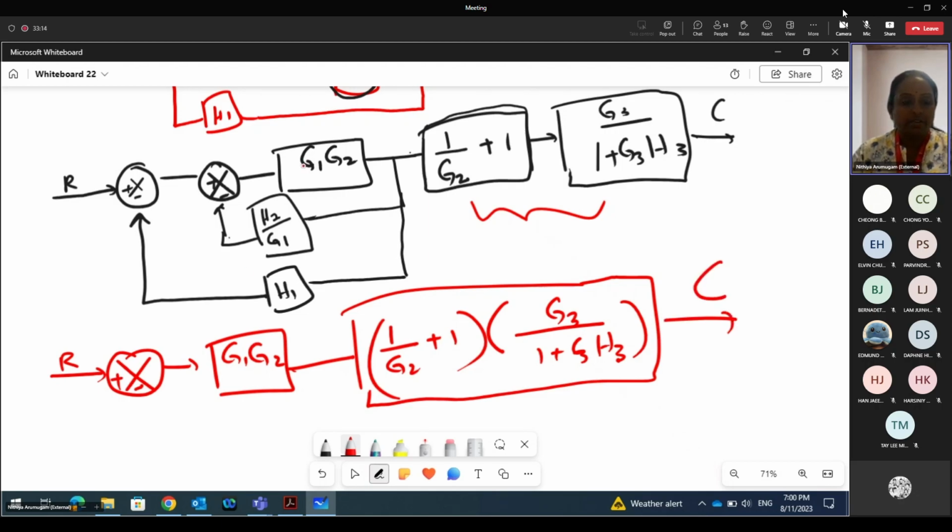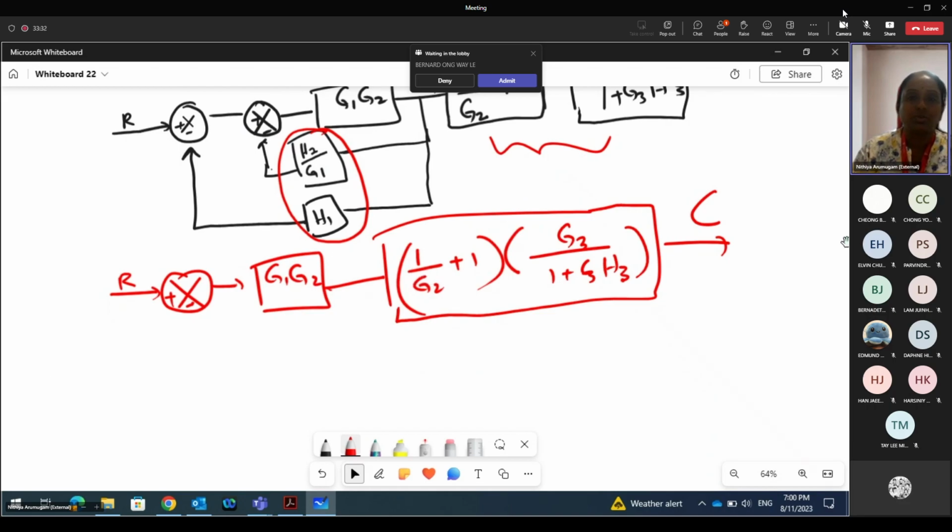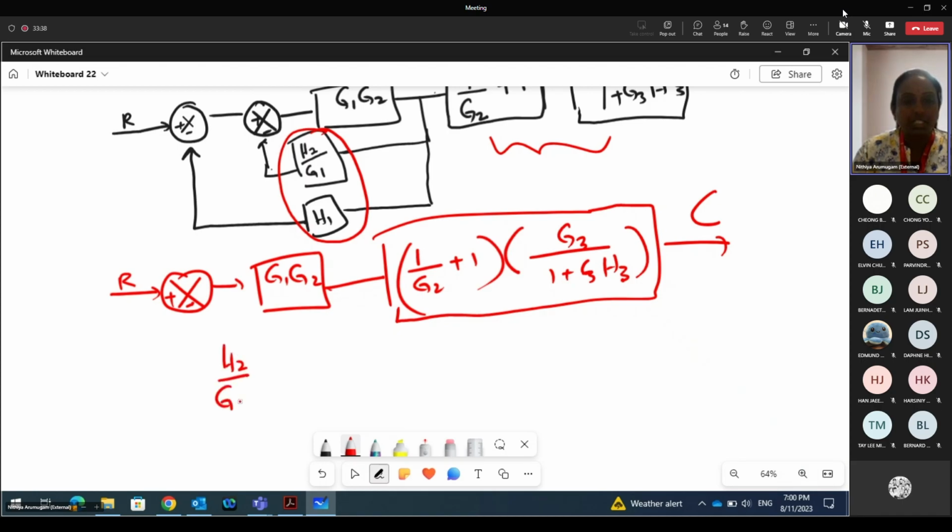All right. Now, the second thing I want to do is combine the two parallel feedback loops. For me to do that, I need to combine this as H2 over G1. It's a parallel, right? So plus H1.